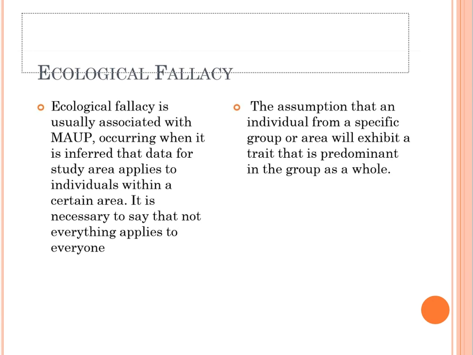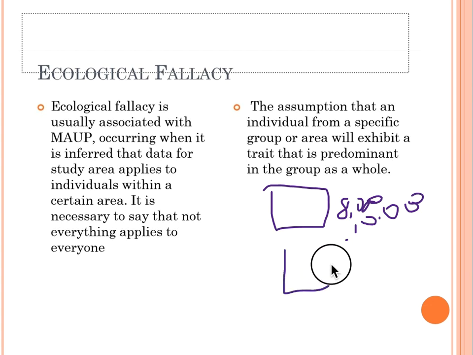For example, if we have a state that has an income, so we could say this state has an income from 8,000 to 10,000, and my writing is kind of slow here, 8,000 to 10,000 compared to another state right below it, where the income is from 800 to 1,000 per month.